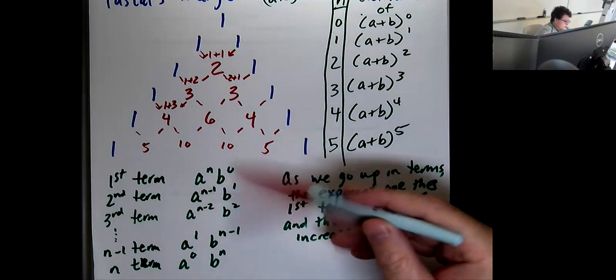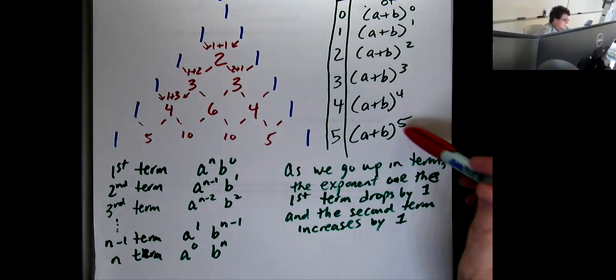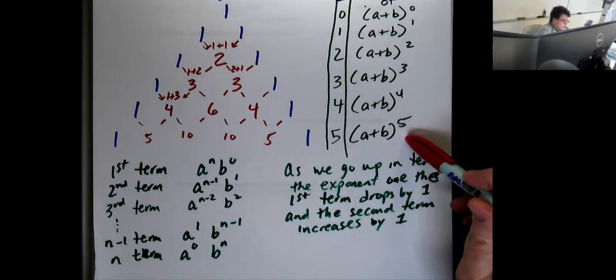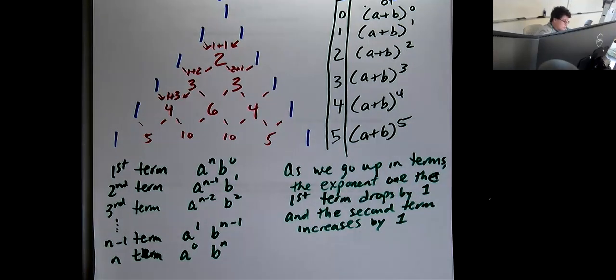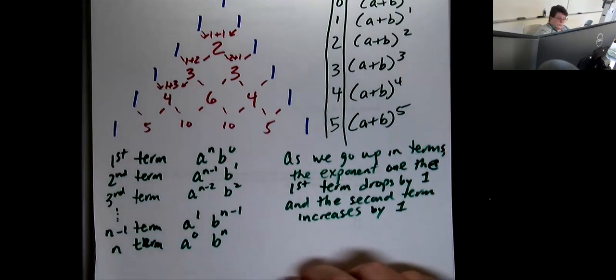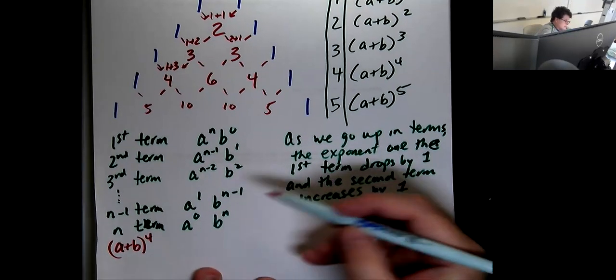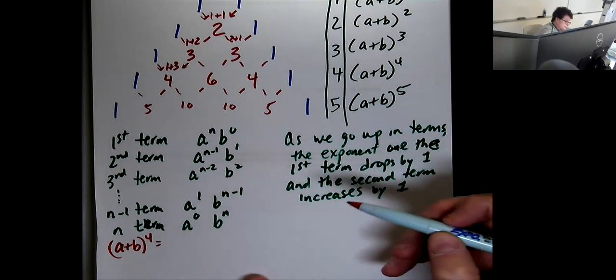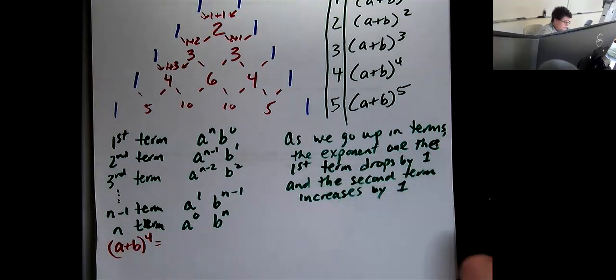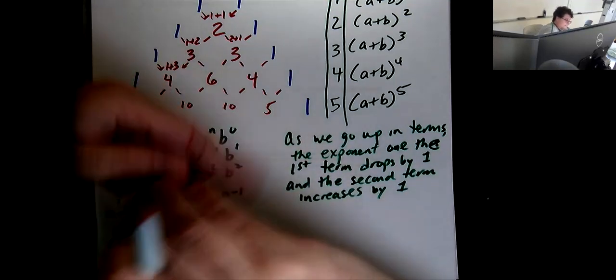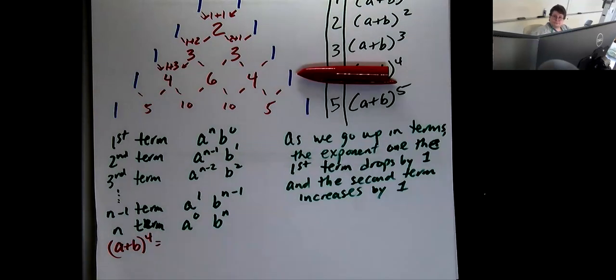And then these are coefficients for terms of something like a plus b to the nth power. So if we did a plus b to the 4th power, this is what we would get. I am looking at this row right here.